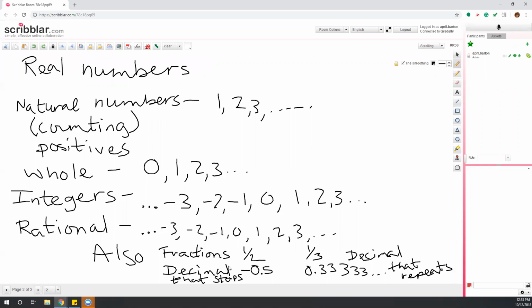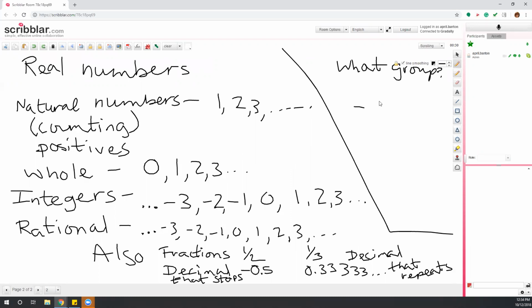So if you're asked to identify, there's one more group, but we're going to do a quick example problem before we get to the last group because it's kind of different than all the rest. If you're asked what group this number belongs to, it may belong to more than one group.